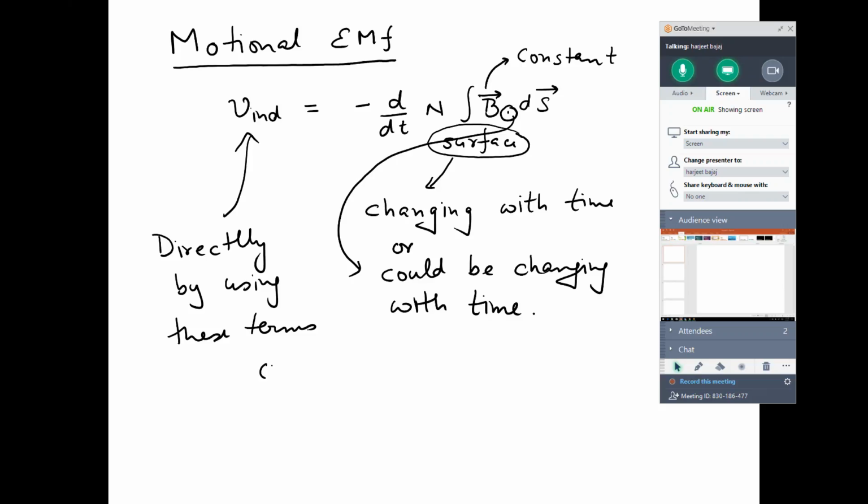Or we can calculate motional EMF, this V induced, by another equation. Let's say the circuit is moving with a velocity u in a magnetic field B, we can do this integral u cross B dot dl going from point 2 to point 1.